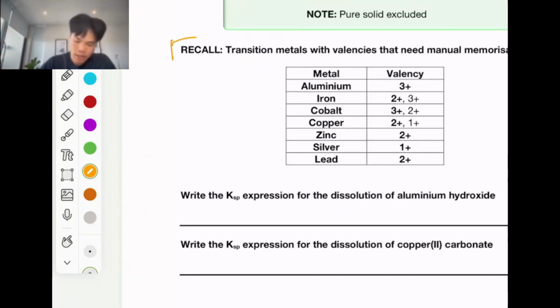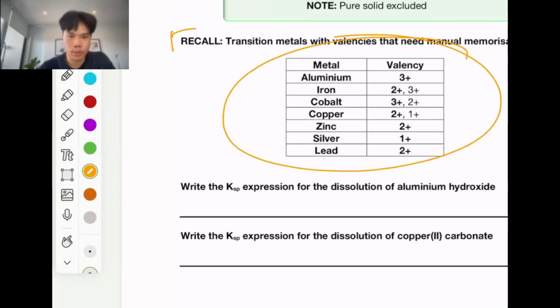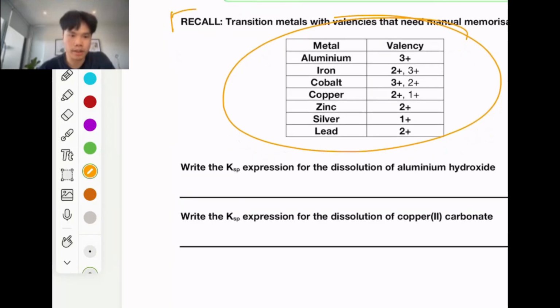Just a quick reminder as well that there are a few transition metals that you should know the valencies of: aluminium, zinc, silver, lead in particular. Iron, cobalt, copper are a bit more ambiguous, where they should really specify the valency if they ever give it to you, and it should be unambiguous. But typically the valencies are shown there as well. The ones bolded are slightly more common.